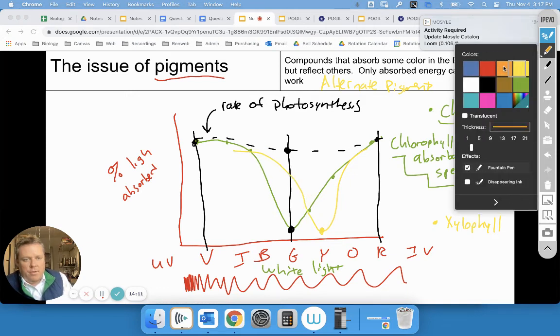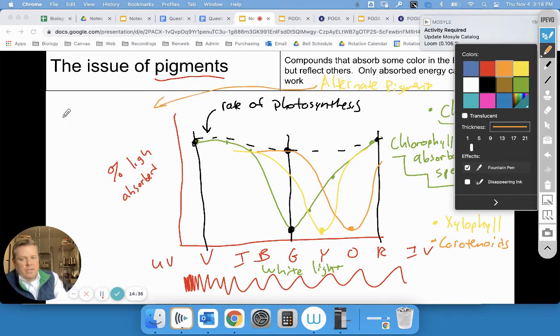And we can even put things like the orange carotenoids, which are going to have the trough right here, and then have peaks in those directions right there. And so those other pigments can absorb the solar energy and pass that energy onto chlorophyll where water is split.